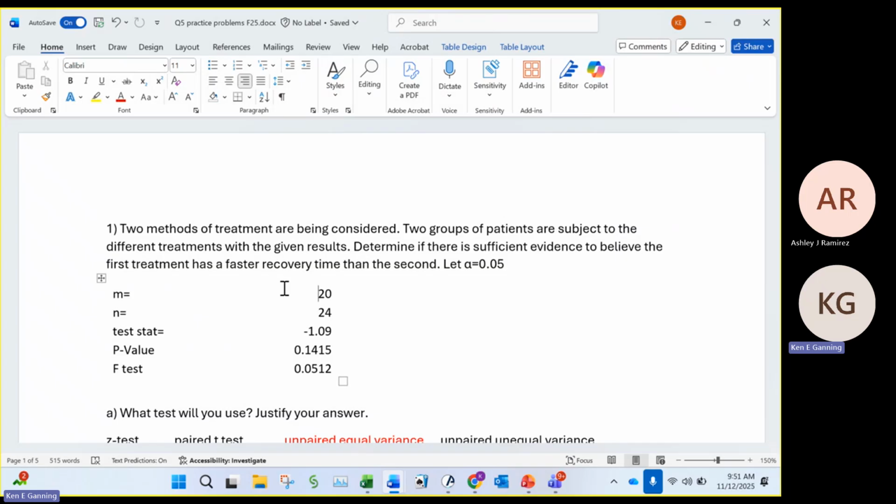Test that, p-value, f-test. We're going to assume equal variance or unequal variance. Assume equal because our f-test is greater than 0.05. So we're going to use an unpaired equal variance test.